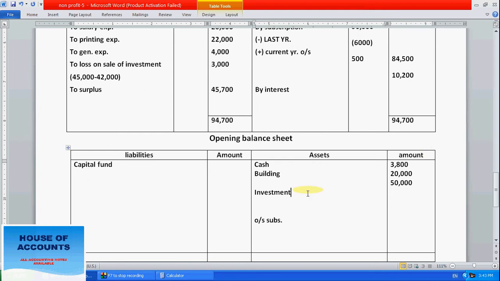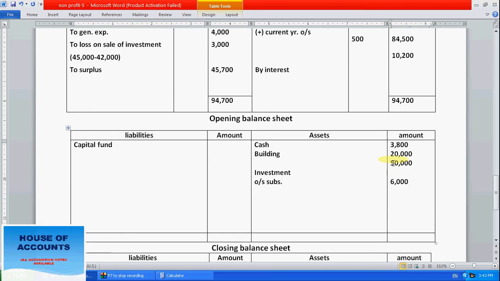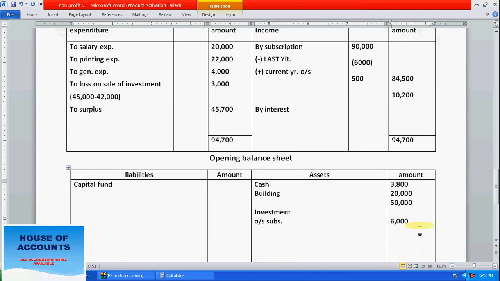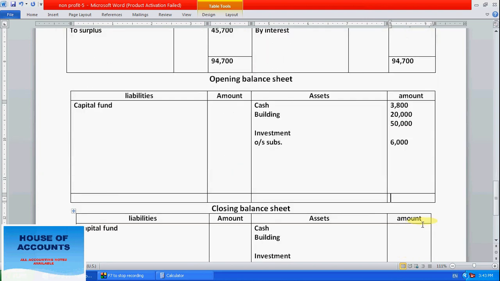Okay, so what we have to do is just take these up. So all the entries are over. So write 20, 50, 76, 79,800. See here it's not given, so right here 79,800.